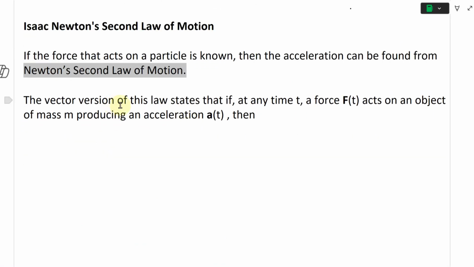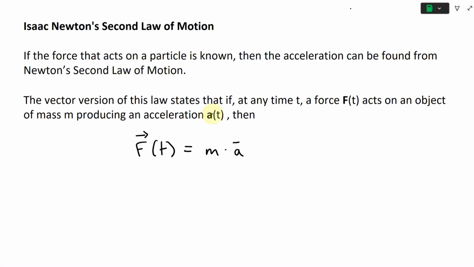The vector version of this law states that if at any time t, a force, capital F of t, acts on an object of mass m, producing an acceleration vector a of t, then Newton's second law in vector form becomes: the vector F of t equals mass m times a of t. So yes, that is fascinating stuff.